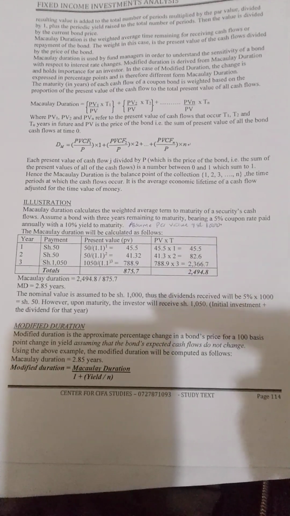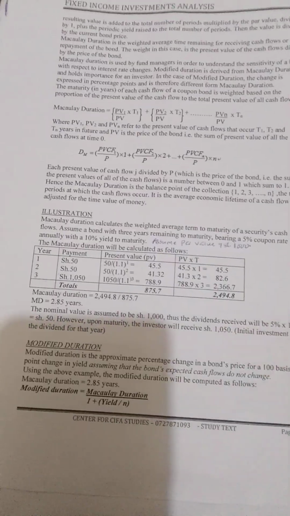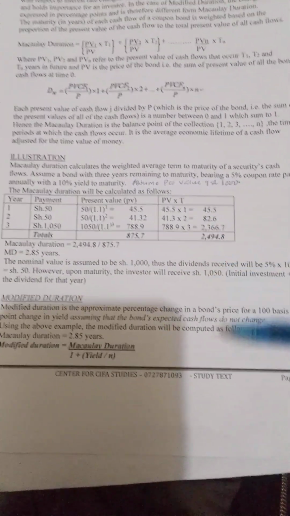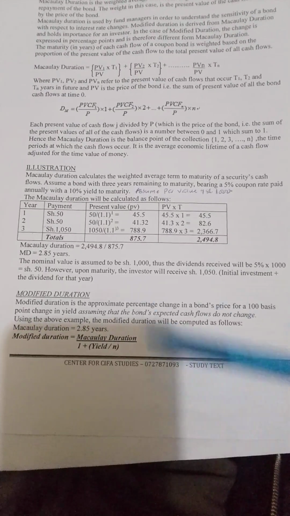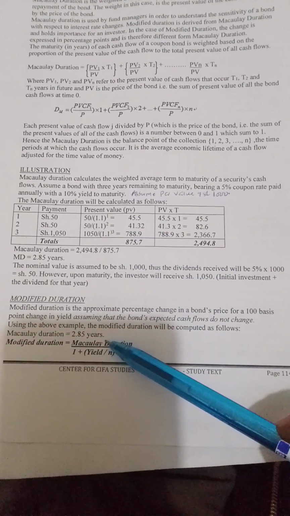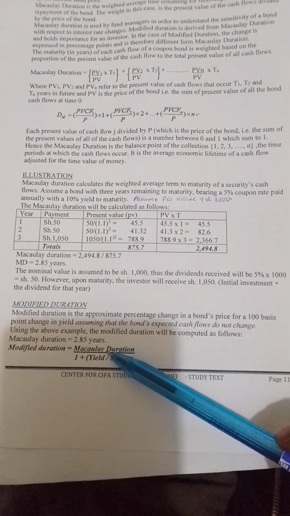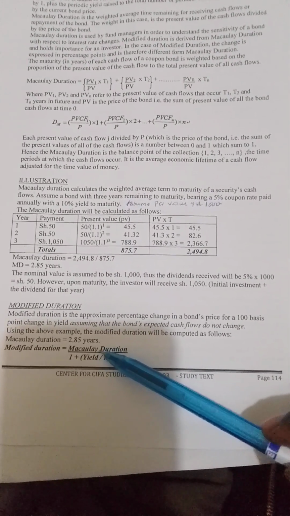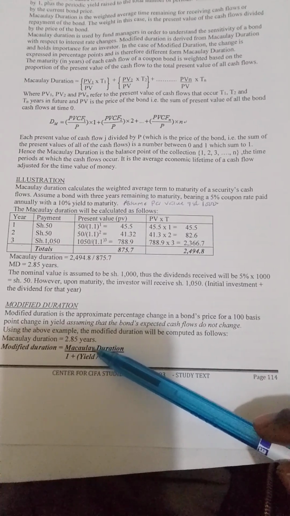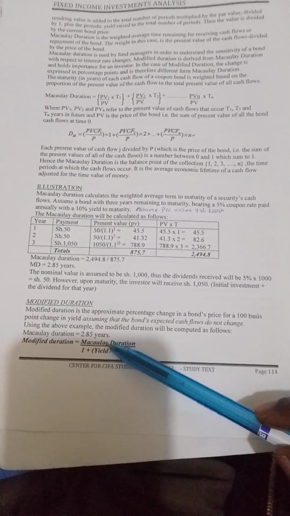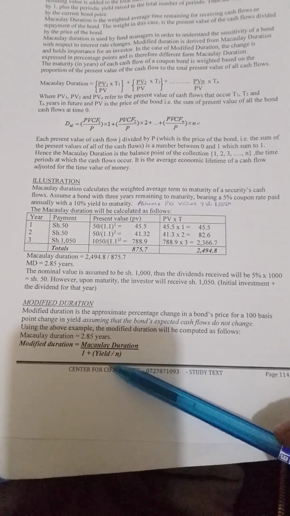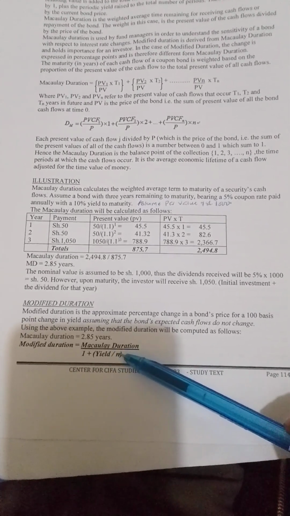Another important concept is how do we calculate modified duration. For you to calculate modified duration, you must calculate Macaulay duration. You cannot calculate modified duration without first calculating the Macaulay duration. As you can see in my formula here, it is Macaulay duration over 1 plus, in brackets, yield over n.